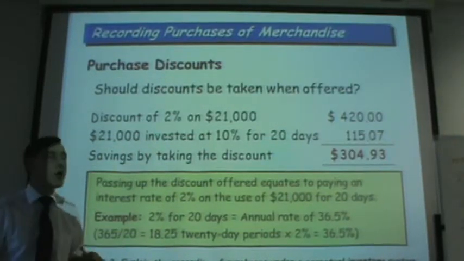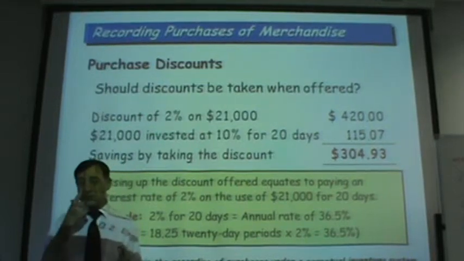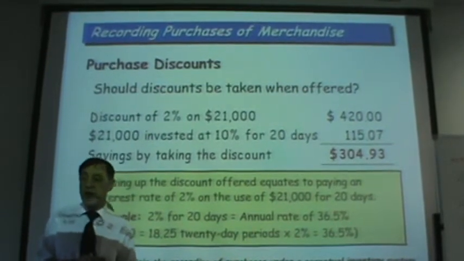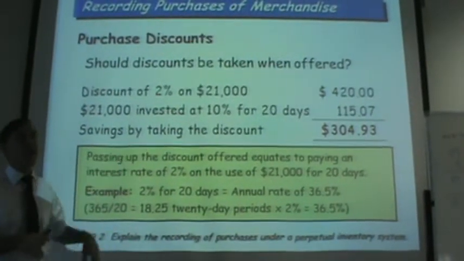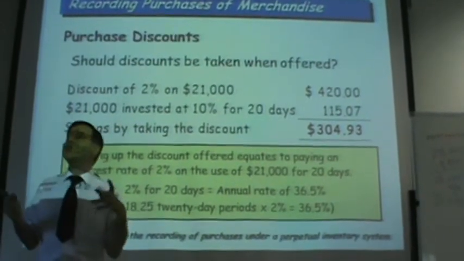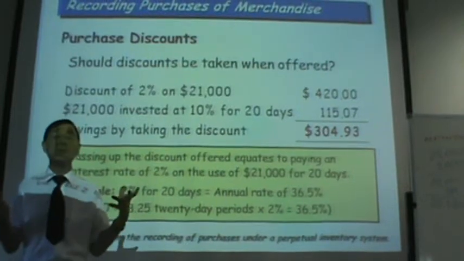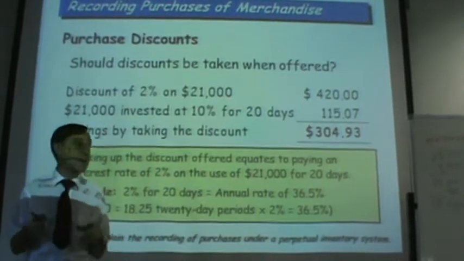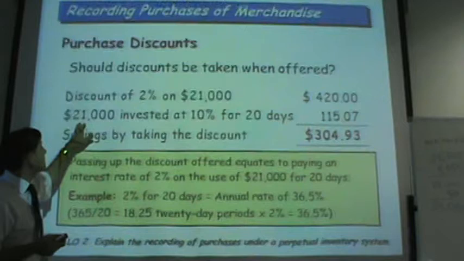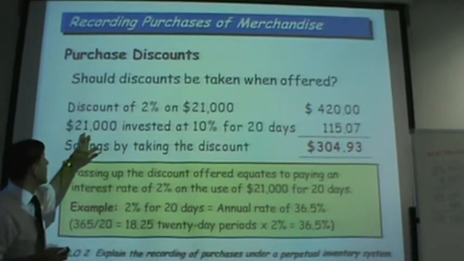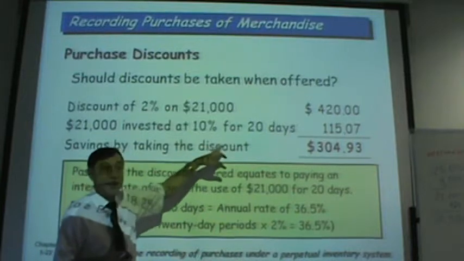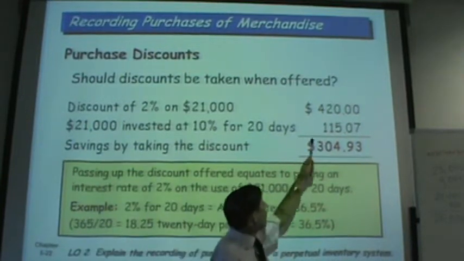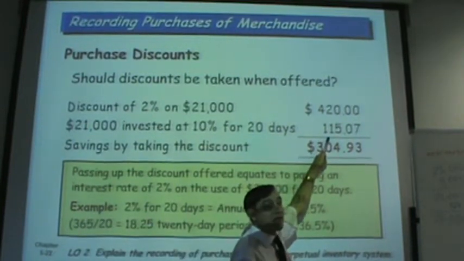Okay, should discounts be taken or not taken? And we say if interest rate is 10%, you finance 21,000. And 21,000 at 10% for 20 days is 115 interest.